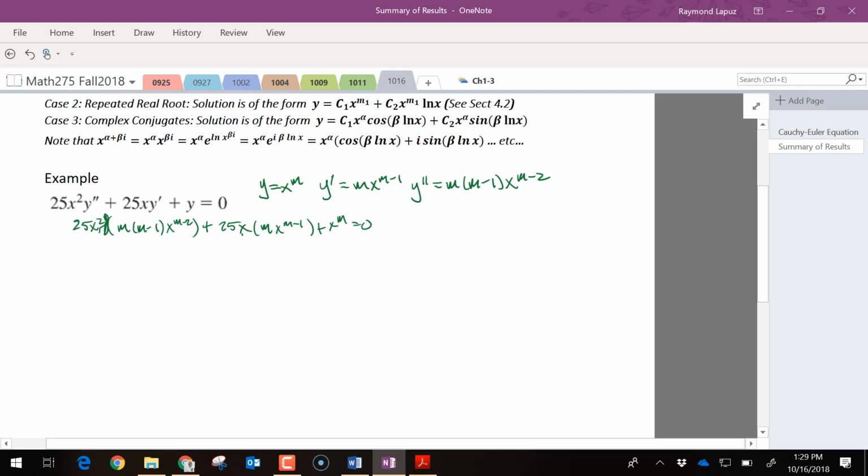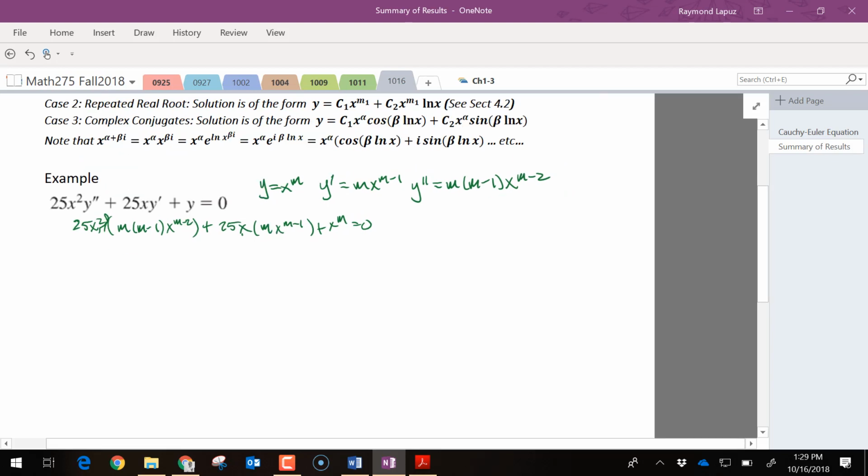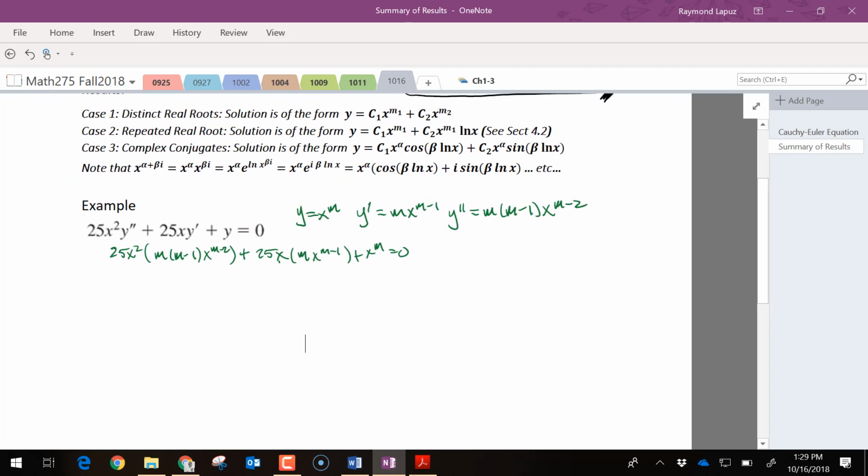So I have matching x to the m's all over the place. We have x to the mth power, and then I got 25(m minus 1) plus 25m plus 1 equal to 0.